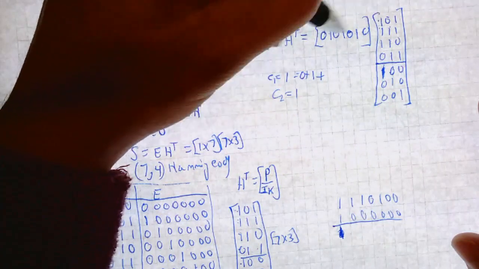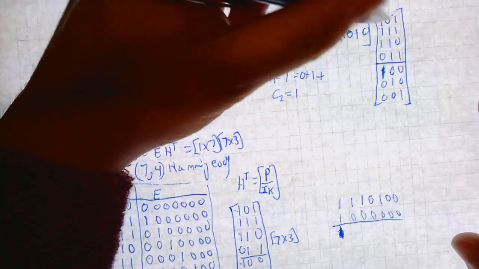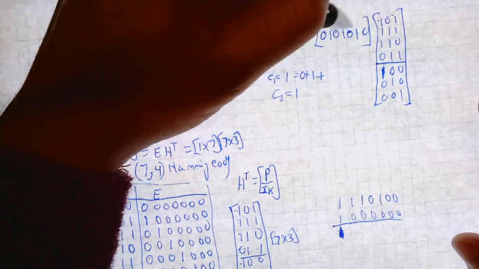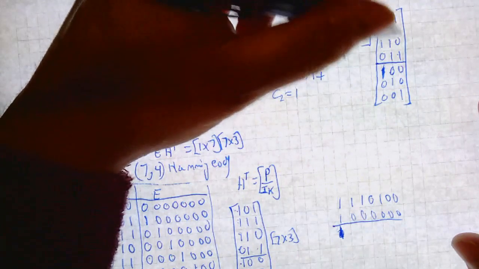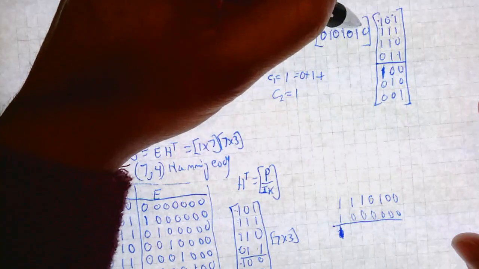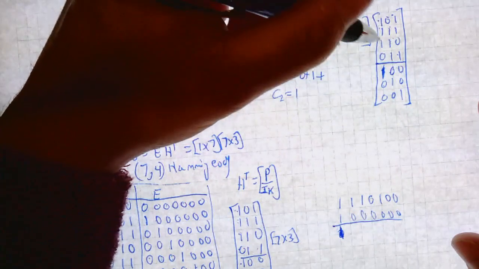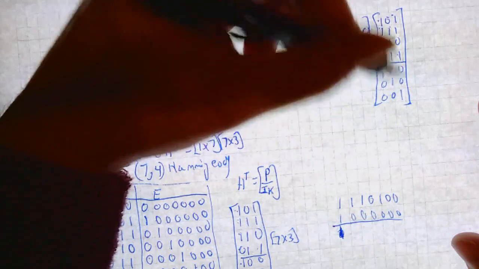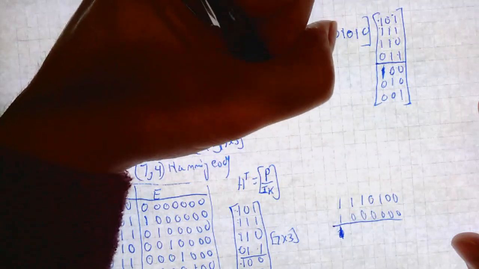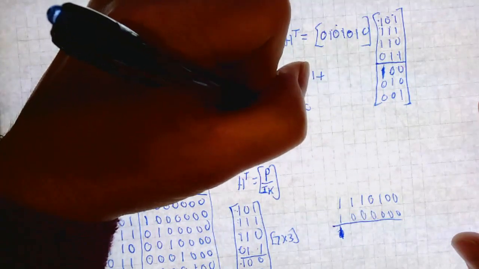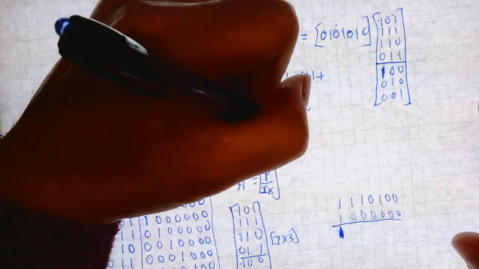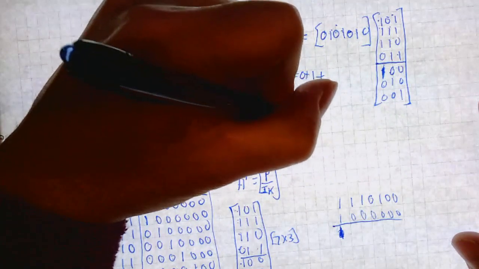Do it again. 0 times 1 is 0. 1 times 1 is 1. 0 times whatever is 0. 1 times 1 is equal to 1, so 1 plus 1 is equal to 0. So now we have 0 times 0, 1 times 0, and 0 times 1. So now check bit number 3 is equal to 0. So now we have the check bits being equal to 1, 1, 0.